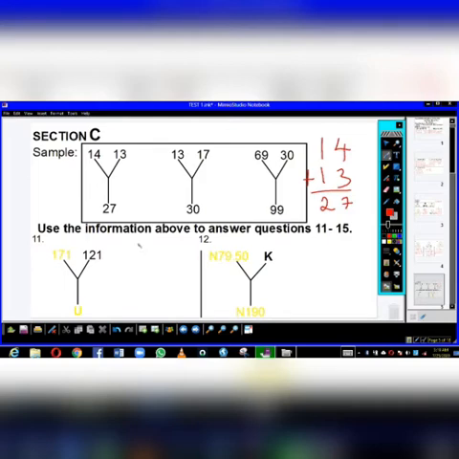Here we say 171 plus 121. Let's add them up. 1 plus 1 will give us 2. 7 plus 2 will give you 9. 1 plus 1 will give you 2. So the value of U is equals to 292.